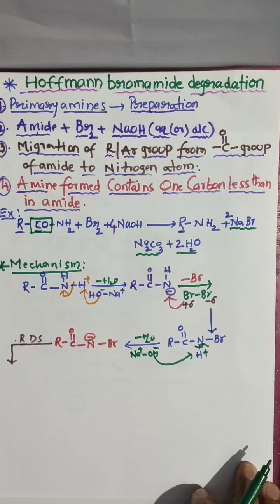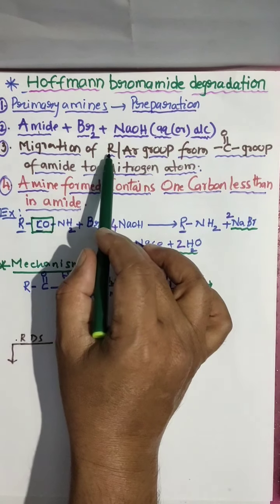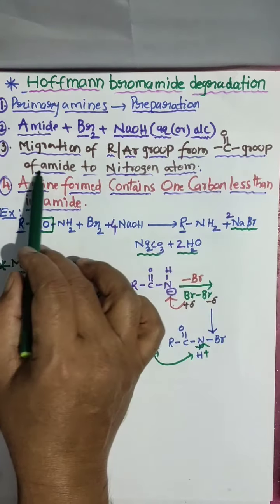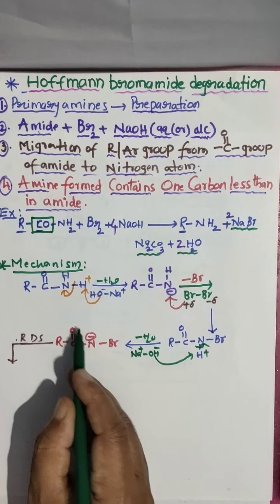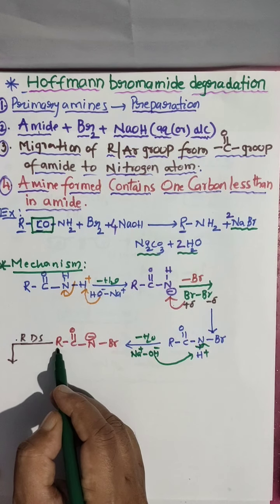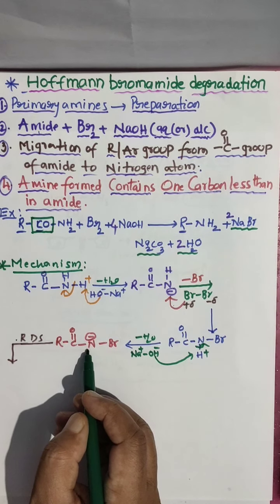So just what happened here, look. Here I told migration of alkyl or aryl group from carbonyl group of amide to nitrogen. Look here, this is the carbonyl group of amide and this is the alkyl group, or you can take aryl also. This will migrate to nitrogen. Clear?